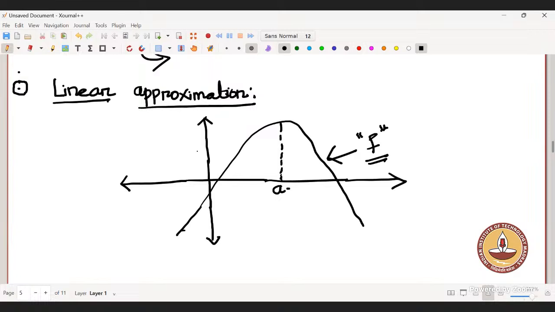Because if the function is differentiable, then I can talk about the tangent, right?